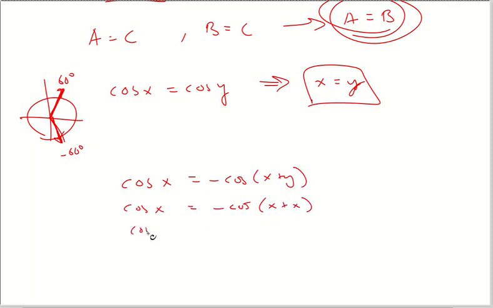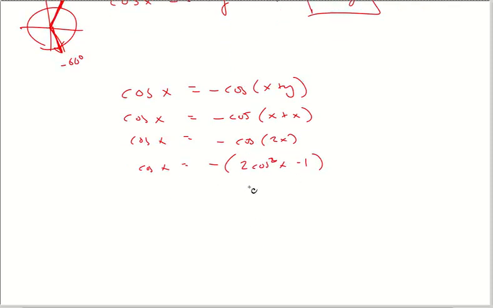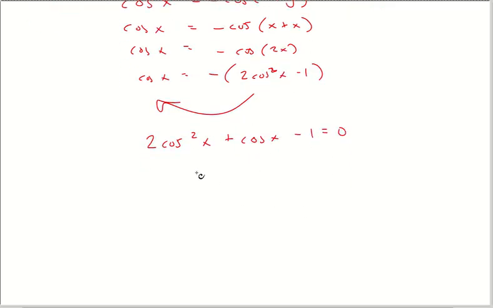And if you know any trig identities, this cosine 2x can be rewritten as 2 cosine squared x minus 1. Now notice that they're both negative. You could distribute and then move it over so that now they're going to be positive over here. Positive 2 cosine squared x plus that original cosine x over there. Two negatives make a positive. Now you move it over to make a negative 1 equals 0. Don't overstress it. It's really just a factoring.